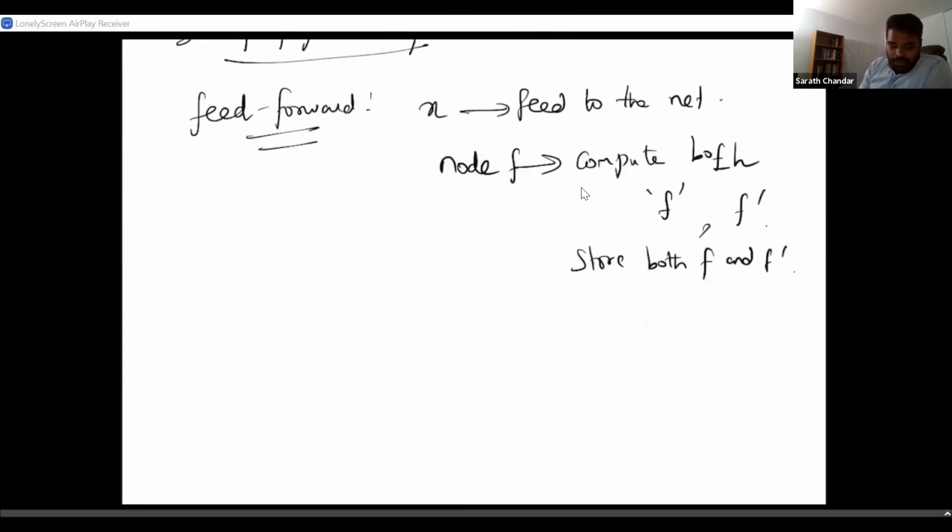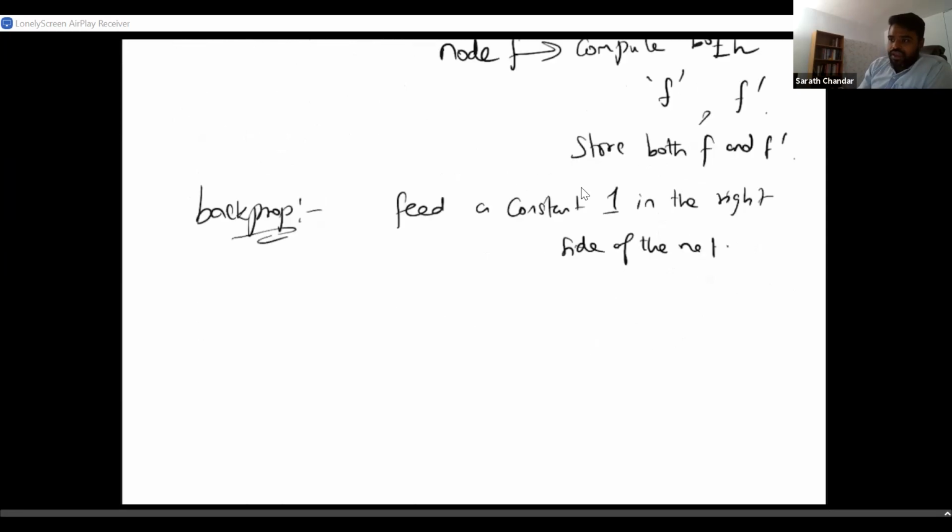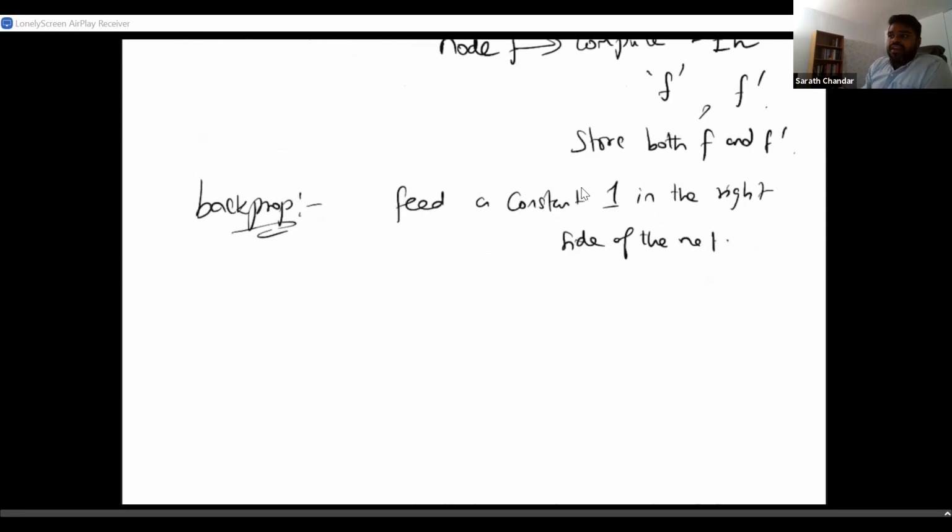Okay, so now in the backprop stage, you're going to run the network backward. How? You're going to feed a constant 1 in the right side of the network. Okay, and then every incoming information is added, like you integrate the information throughout, right?